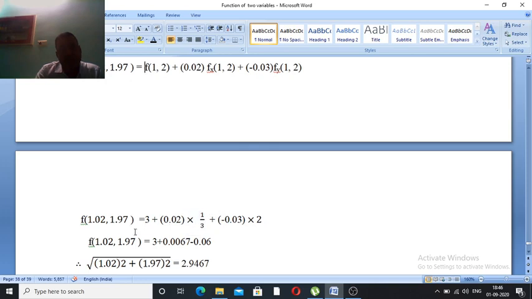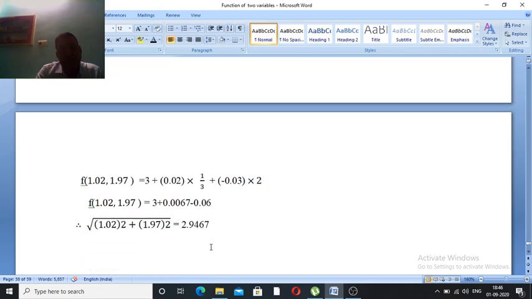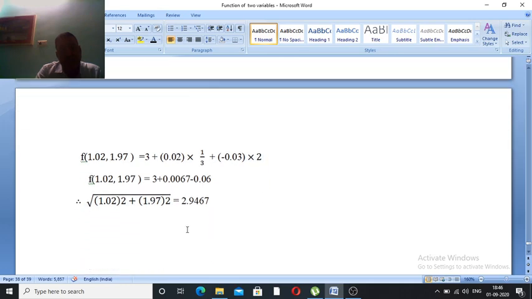Therefore it is equal to 3 plus 0.02 divided by 3, which is 0.0067, and minus 0.03 multiplied by 2, that is minus 0.06. Subtracting this, we get 2.9467. Okay.